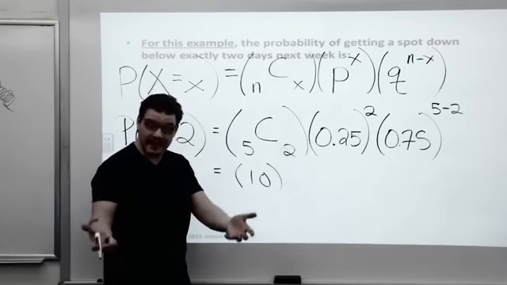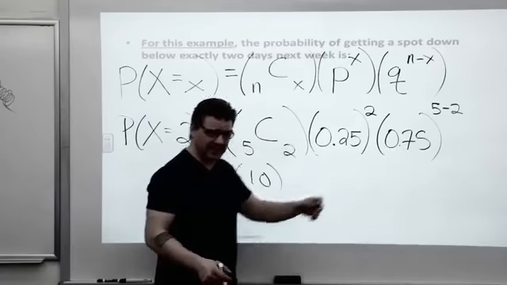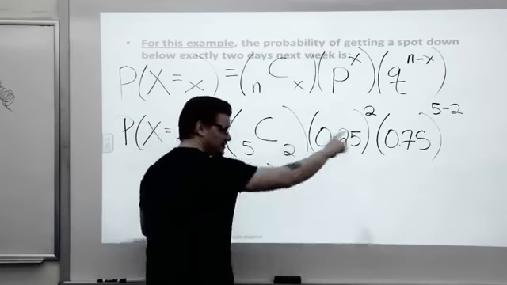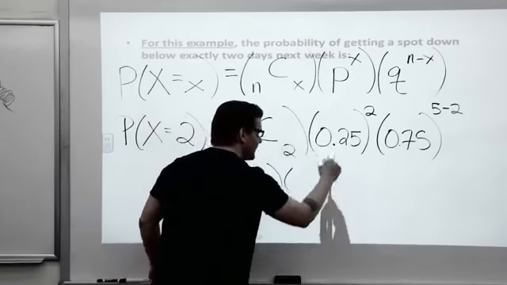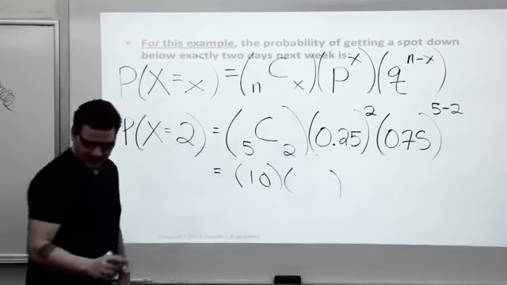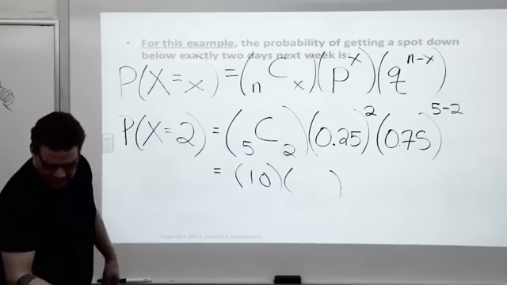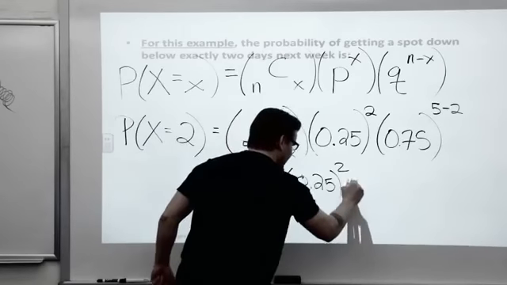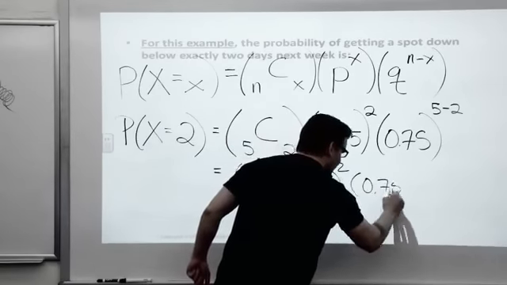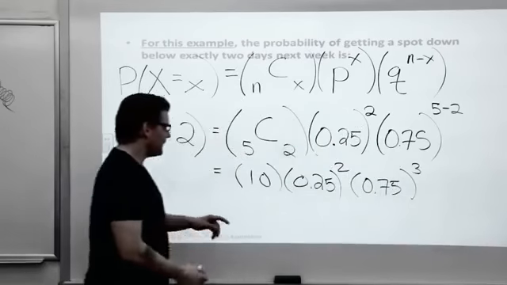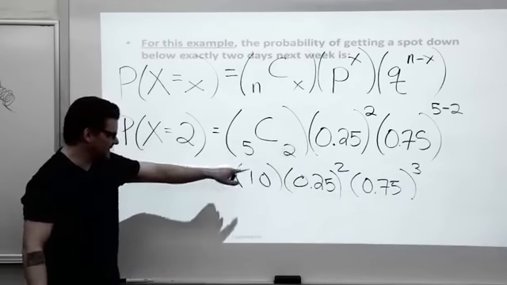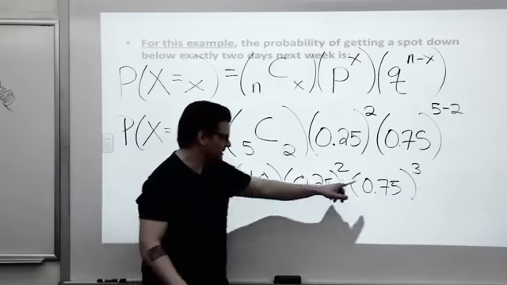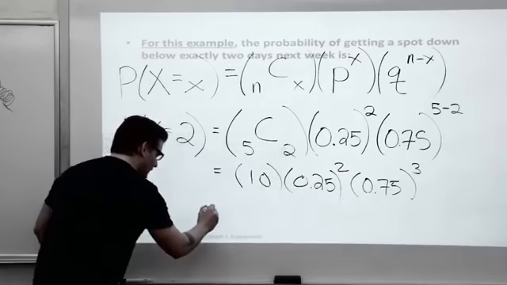Get that, and then I would say answer multiply by, and I would do the last piece. Okay, it's just one big chain of multiplication. So 0.25 raised to this 2 power. Looks like I didn't do this in my notes. I wrote it like this. And maybe a little bit of simplification. So this sort of boils down to what? 10 times 0.25 squared times 0.75 to the third.